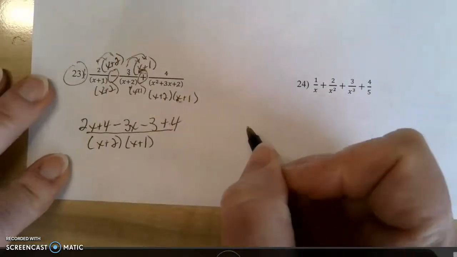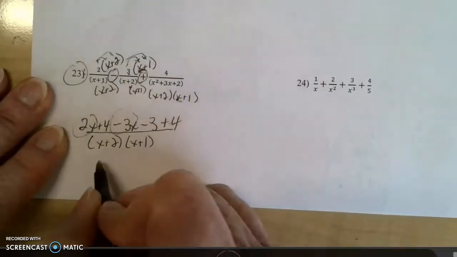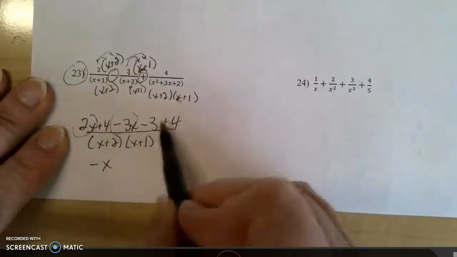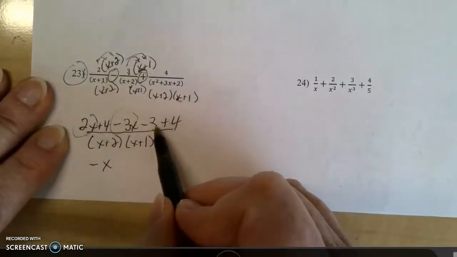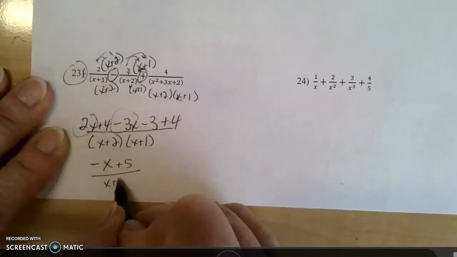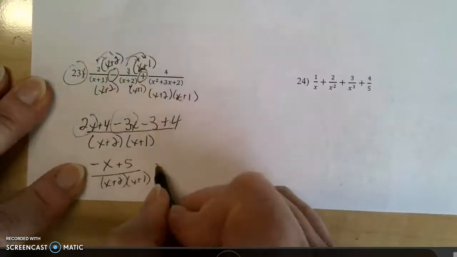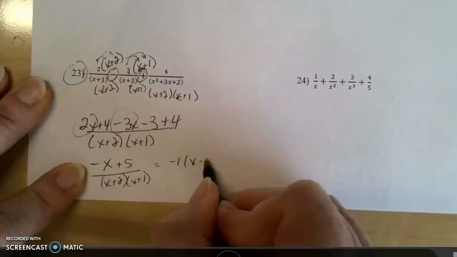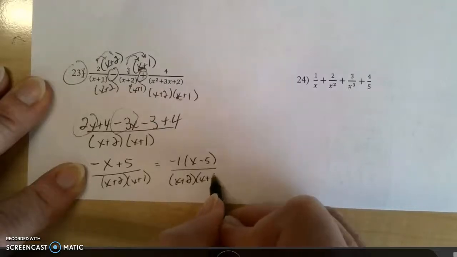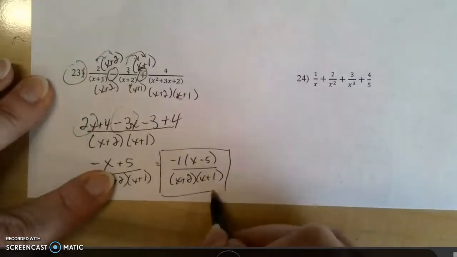I'm going to combine my like terms. 2x minus 3x gives me a negative x. 4 plus 4 is 8, minus 3 is 5. I don't like things written with a negative sign. None of these cross out, so here is my simplified.